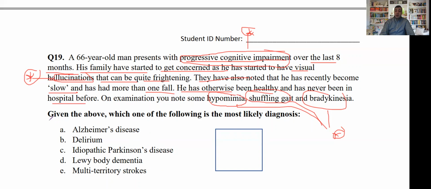So here, given the above, which one of the following is the most likely diagnosis? Alzheimer's disease, delirium, idiopathic Parkinson disease, Lewy body dementia, or multi-territory stroke?